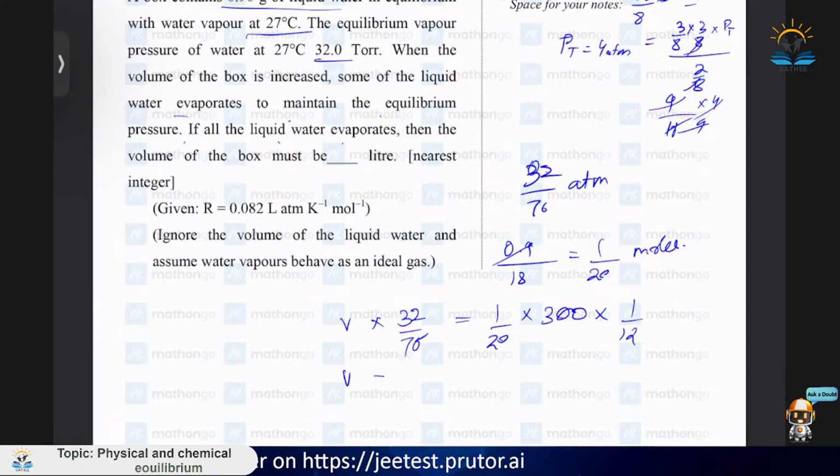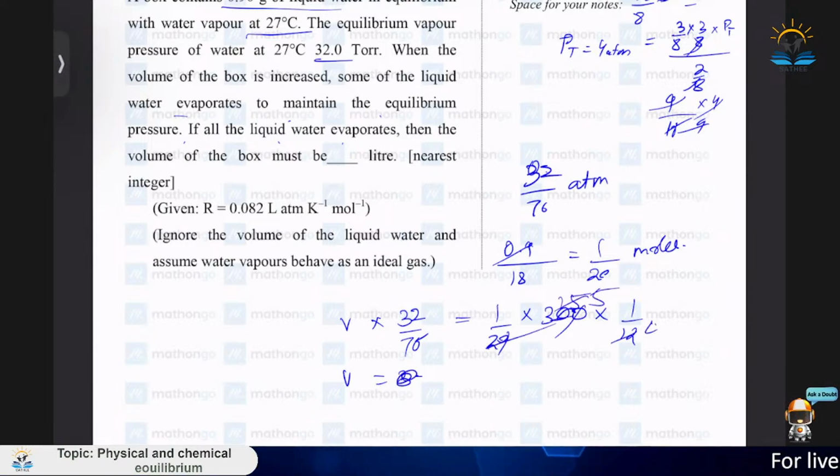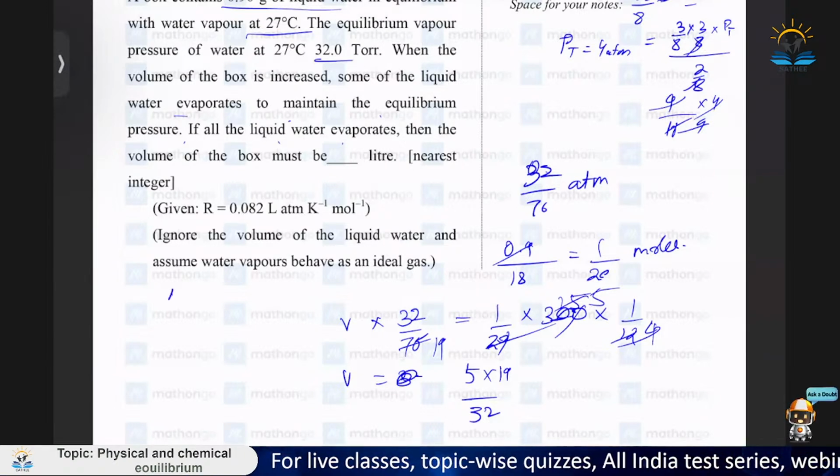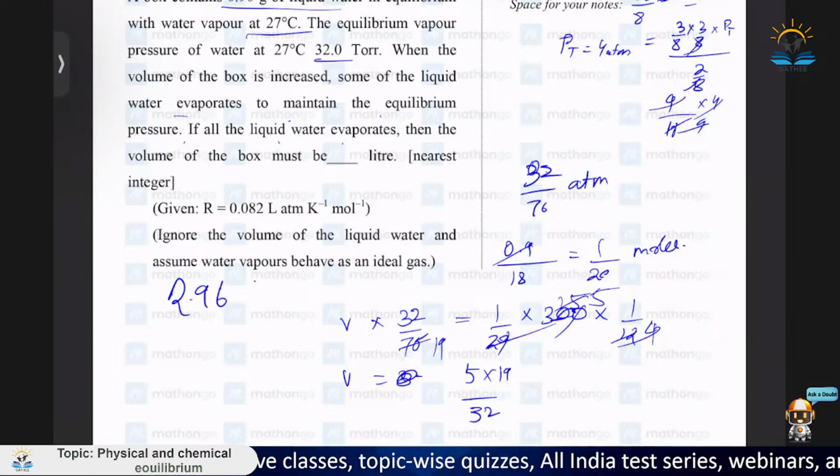So volume we can calculate as 5 into 19 by 32, approximately 2.96 liters.